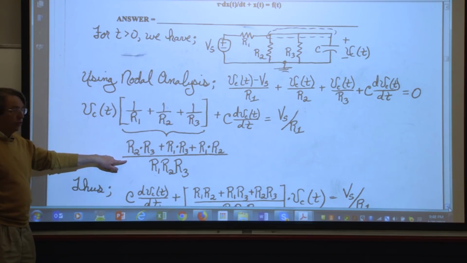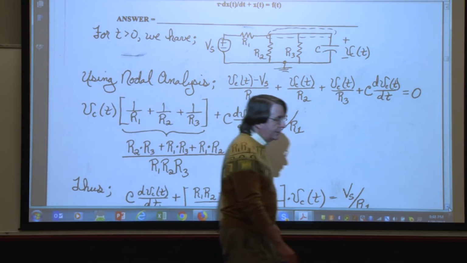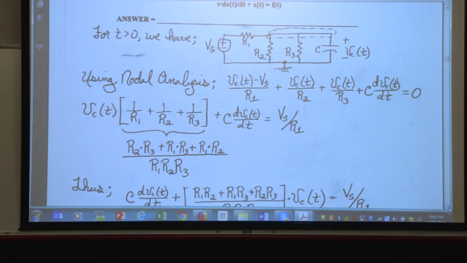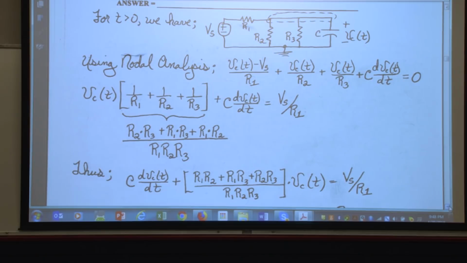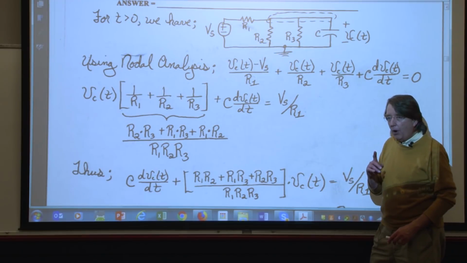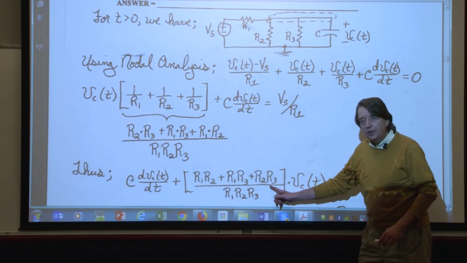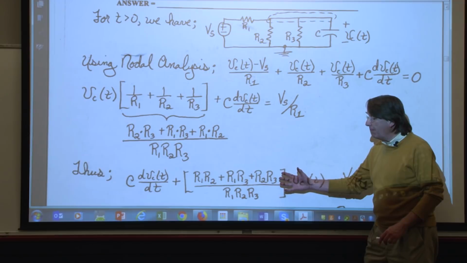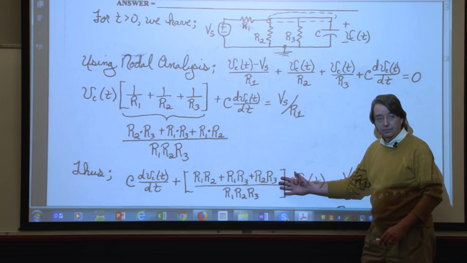I then do the algebra here. At this point, it's not quite yet in standard form, but it's close. If I look at this here, I now have the equation in this form. I want a 1 here. So I'm going to multiply everything by the reciprocal of this.